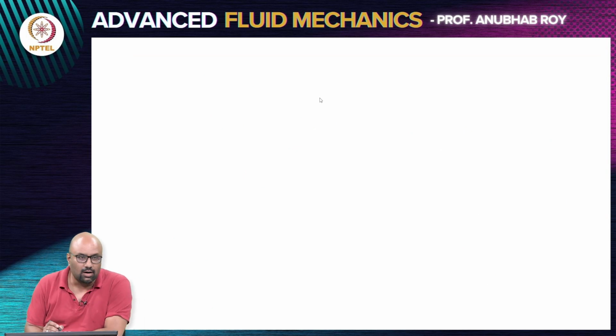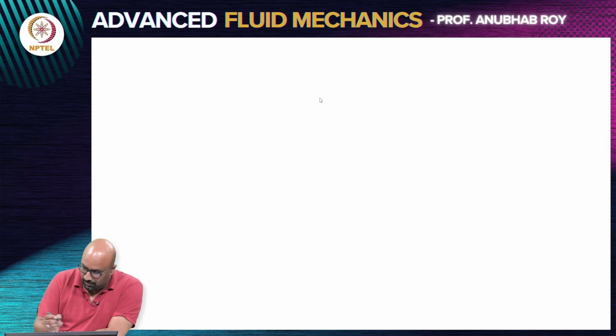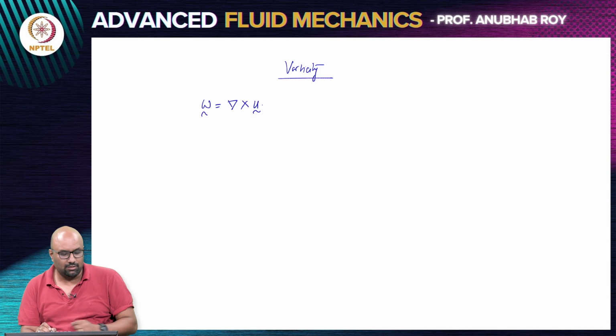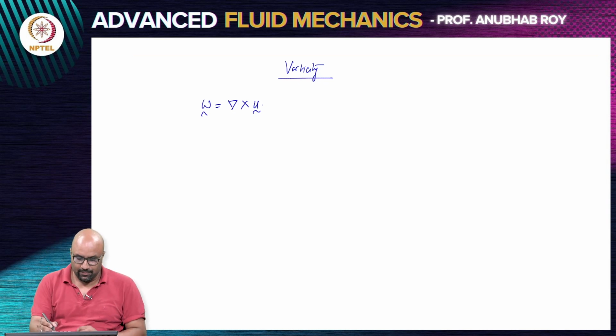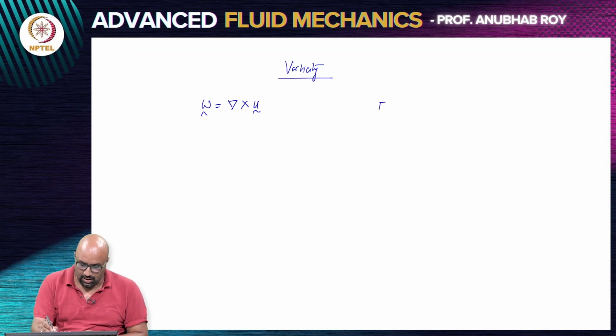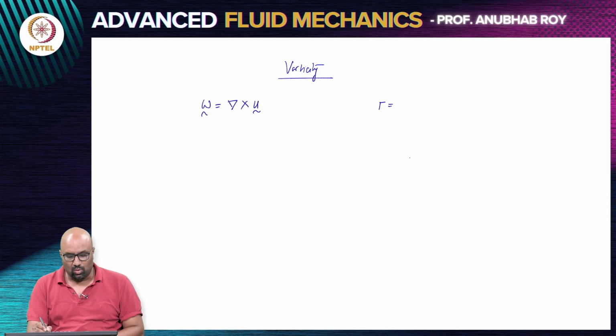So, we continue with our discussion on vorticity. We have come across the fact that the curl of the velocity field gives us the vorticity, and we also encountered a quantity that gives us the flux of vorticity.